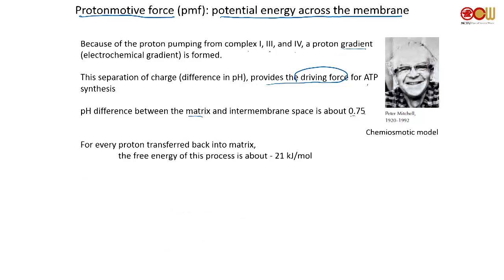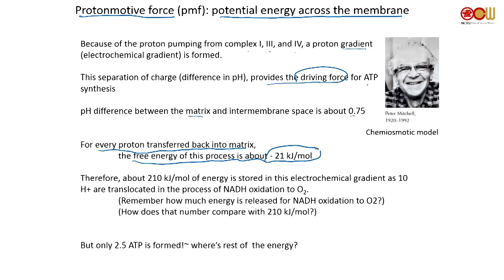So somebody did a calculation where he showed that for every proton transferred back into the matrix, the free energy of this process is about minus 21 kilojoules per mole. Therefore, about 210 kilojoules per mole of energy is stored in this electrochemical gradient, as 10 H+ are translocated in the process of NADH oxidation to O2.